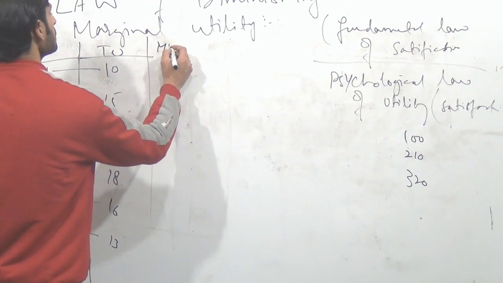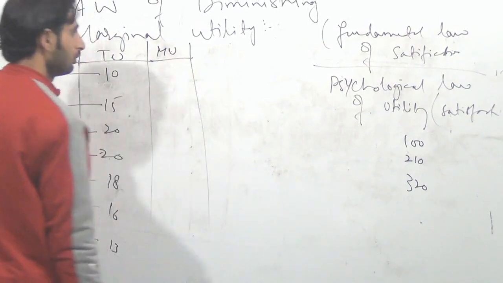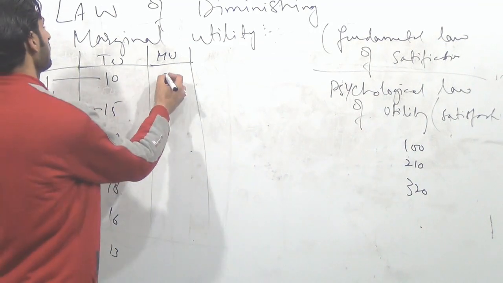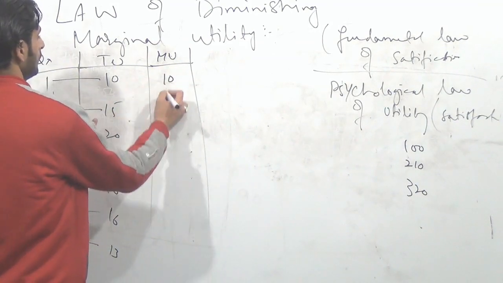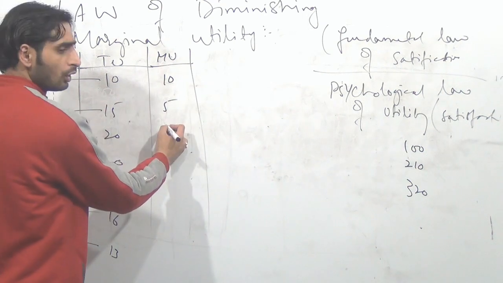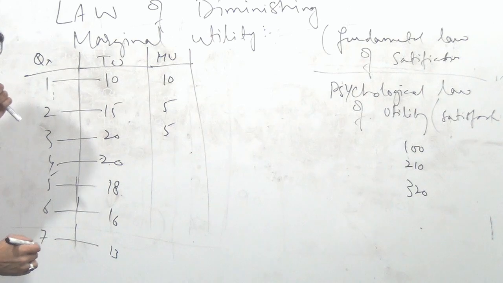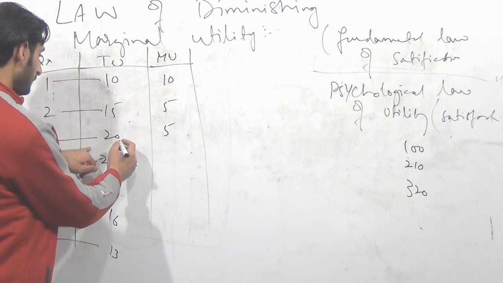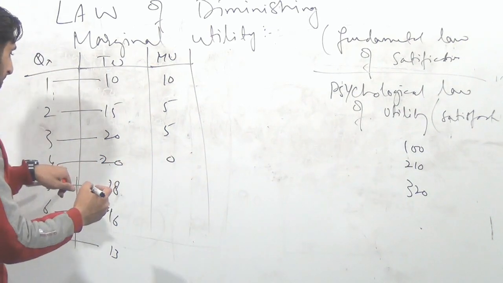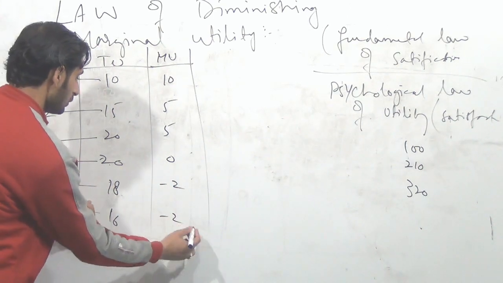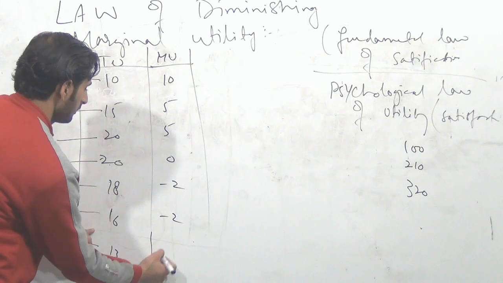The marginal utility, as you know, is total utility at n minus total utility at n minus 1, which will be like 10, 5, 5, 0, minus 2, minus 2 again, and say minus 3.